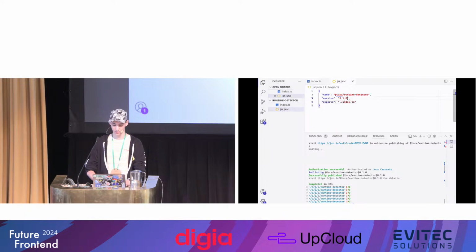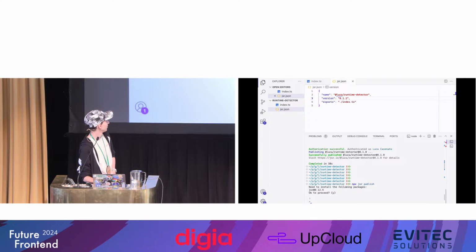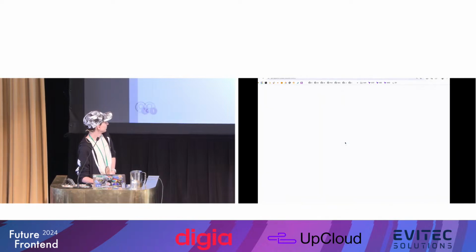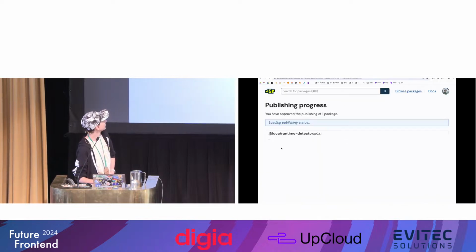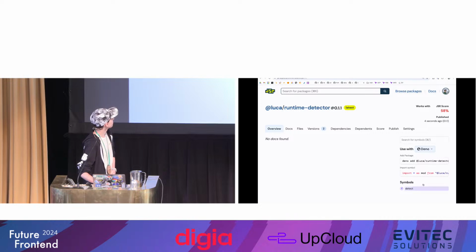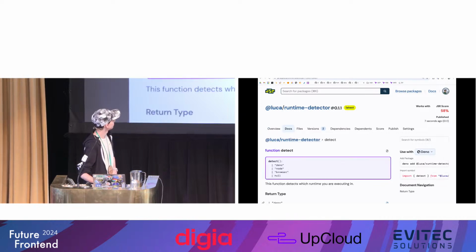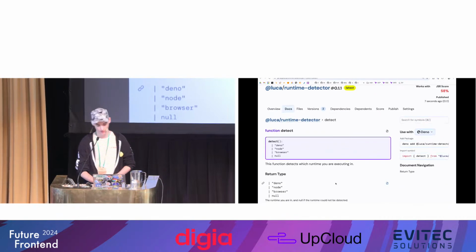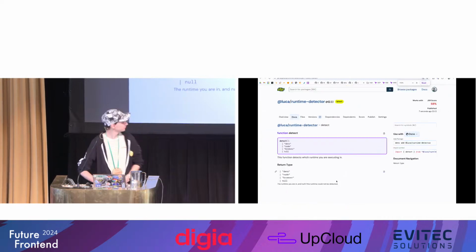Excellent. And then I bump the version, and I run npx JSR publish again. And I click on approve. And wait a second. And I click on the symbol now. I have more docs. I'm sorry, the screen's cut off at the bottom there, but OK, yeah.